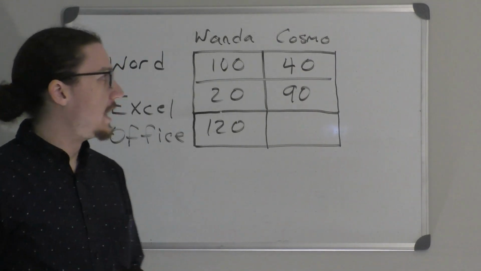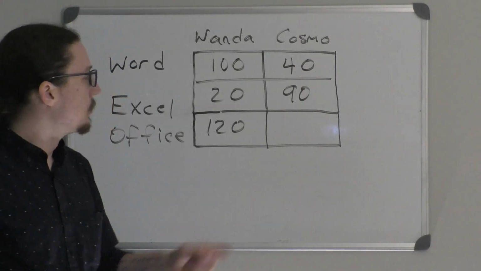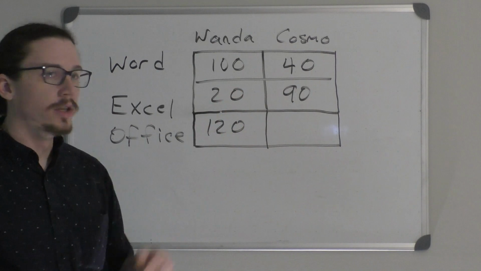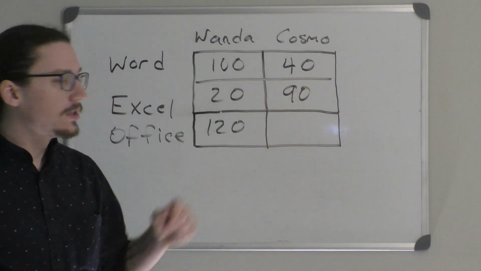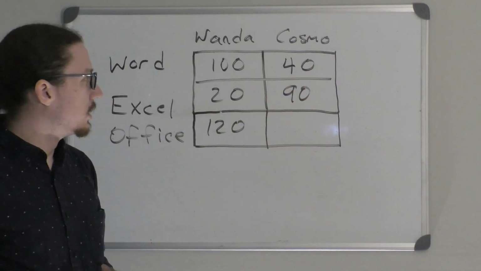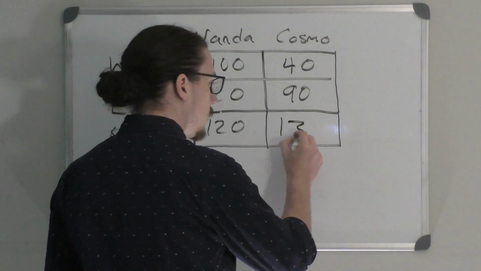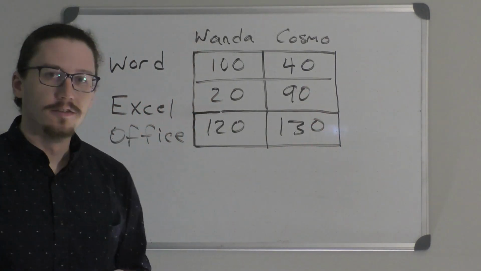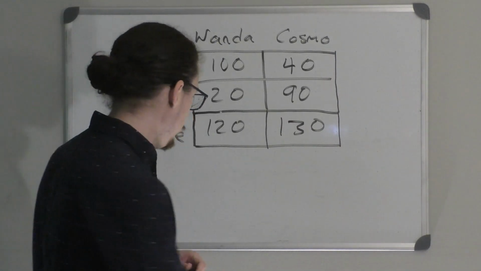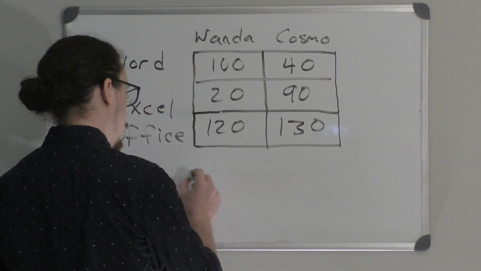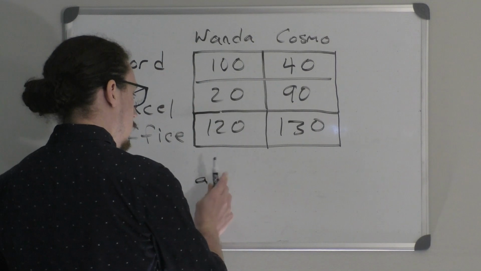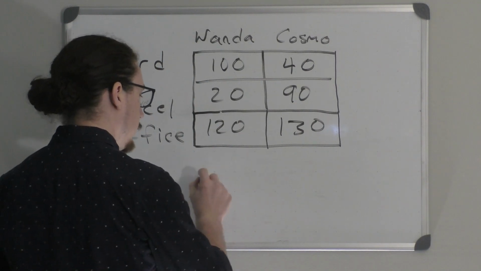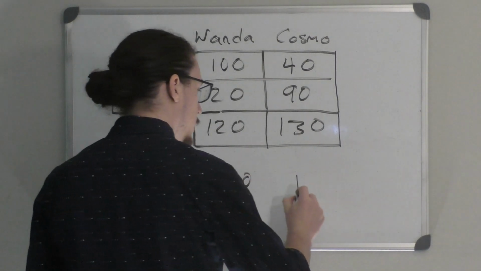So if Wanda is going to get Word and Excel, then she'd be willing to pay $120 for both of them together, bundled together: $100 for Word, $20 for Excel. Cosmo would be willing to pay $130: $40 for Word, $90 for Excel.